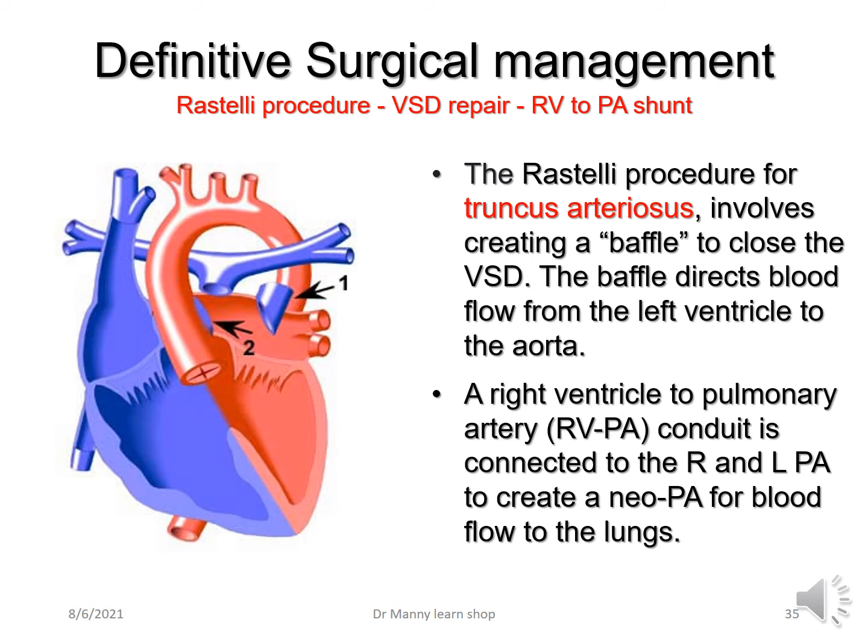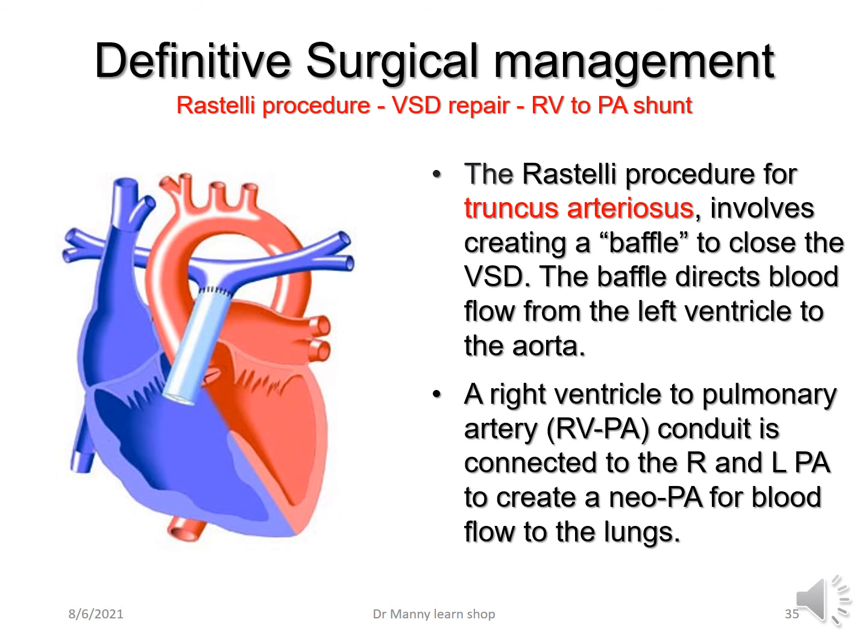A right ventricular to pulmonary artery shunt, or conduit, is connected to the right and the left pulmonary artery, and this creates a new neo-pulmonary artery for blood to flow to the lungs. As you can see, there's the right ventricular to pulmonary artery conduit, and it's connected to the right and left pulmonary artery, creating a new pulmonary artery.